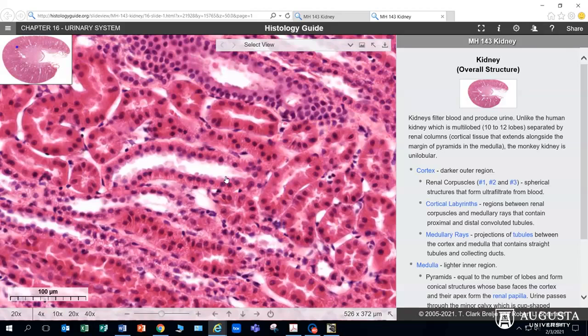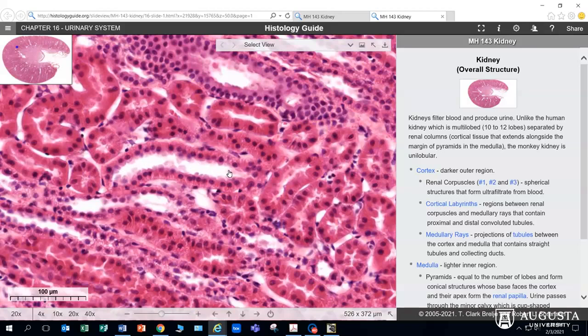The difference between this tube and this tube is just the angle that it was cut. So this tube right here was cut so that we can see it from the end. This tube here was cut a little bit more on an angle, so we can see a little bit more of the inside of the tube, which we call the lumen.